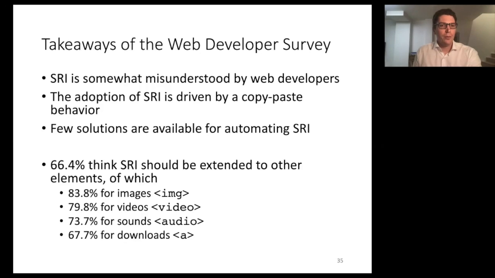When we asked web developers if SRI should be extended to other HTML elements, 66% said it would be a good idea. 83% believe that it would be great to have it for images, and 67% said they would love to have it for links, which would help protect web downloads of binaries that people download from the web.